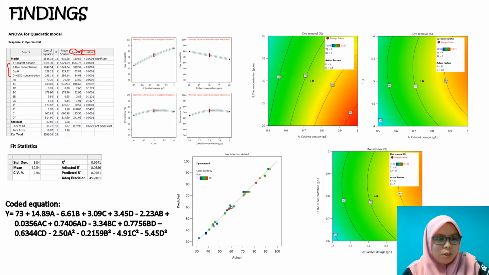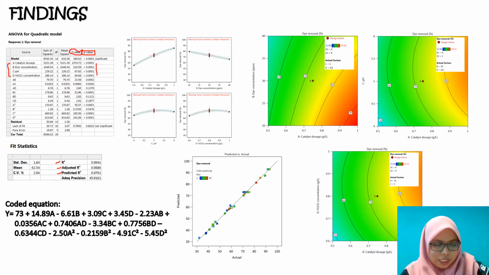Interestingly, the p-values of all variables are less than 0.05 for all operational parameters, which indicates that all these parameters are significant in the regression of the empirical equation model. In addition, the ability of the quadratic polynomial model is expressed on the basis of the coefficients of determination: the R-square, the adjusted R-square, and the predicted R-square.